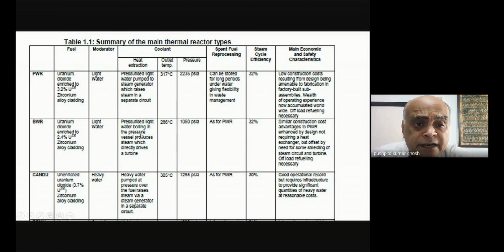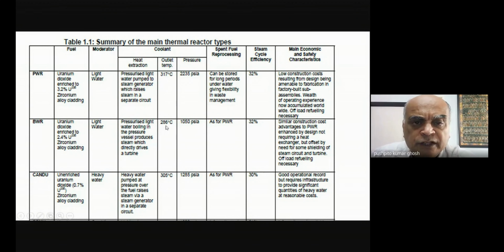Now, in the boiling water reactor, what you do is that you have only one type of water, H2O, and so it is acting as a moderator, slowing down the neutrons. Plus, as I told you, it's becoming steam. Now, the pressure of the reactor is around 1050 psi. So you can work out, if you divide that by 14 pounds per square inch, you'll know how many bars it is.